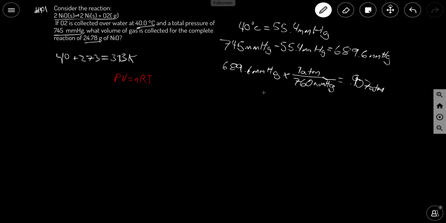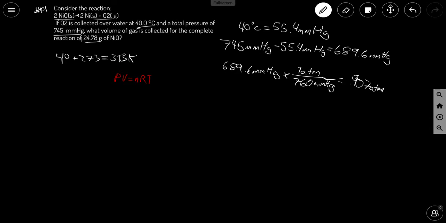Okay, so the next step would be to just look at this equation. If we have our pressure and our temperature, we need our volume and n. And we're asked to find the volume, so this is going to be our unknown variable, but we need to find out what n is.